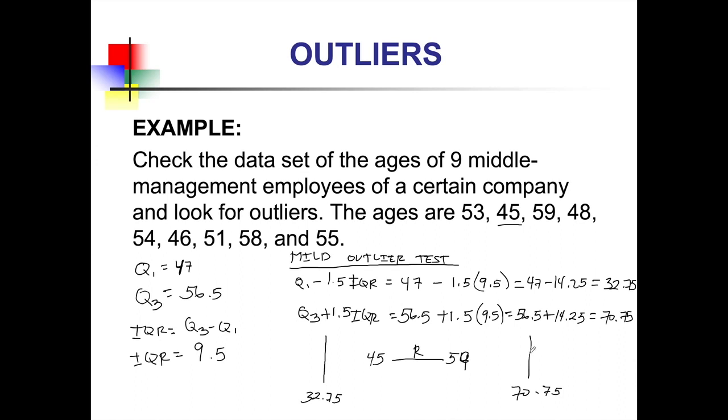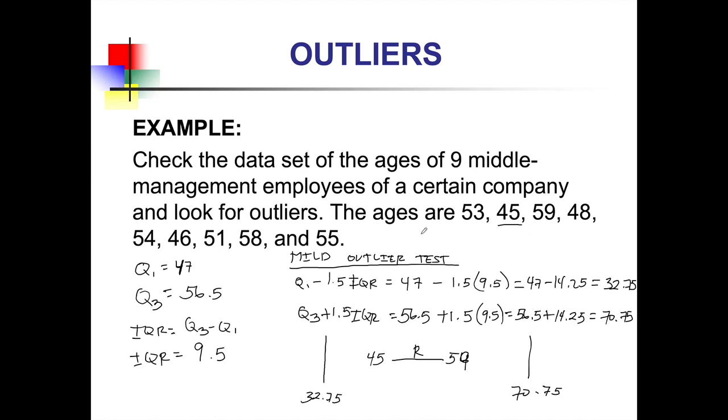As you can see, 45 is our minimum, meaning it is still between 32.75 and 70.75. And our maximum is 59, so again, it is between 70.75 and 32.75. Therefore, there is no outlier for this data. I hope you get it, guys.